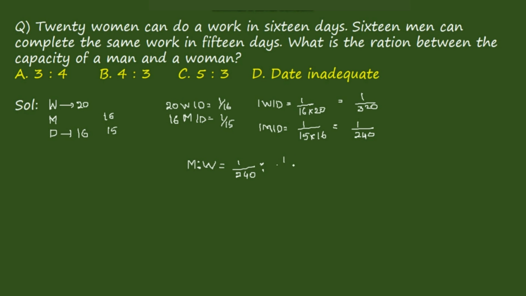The 0 gets cancelled, it becomes 3, it becomes 4. It is equal to 1 by 3 is to 1 by 4. By cross multiplication we get it as 4 is to 3. So the ratio of capacity of a man and woman is nothing but 4 is to 3. So the answer for this question is option B.